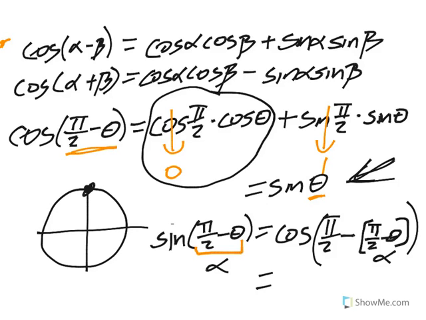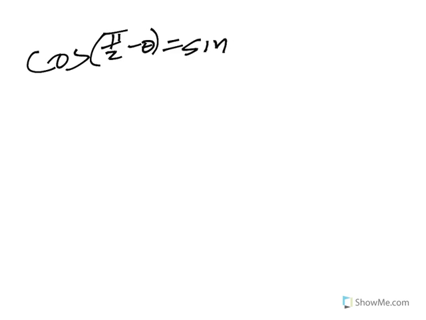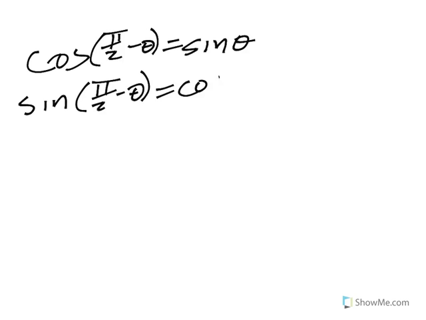Cosine of pi halves minus theta. The minus distributes, and so I have pi halves minus pi halves. Well, that's nothing. Minus minus theta, that's plain old theta. So this is kind of cool. Not only is cosine of pi halves minus theta equal to sine of theta, but sine of pi halves minus theta is equal to cosine of theta.